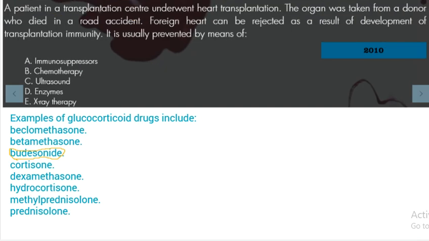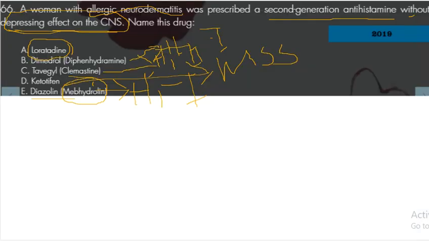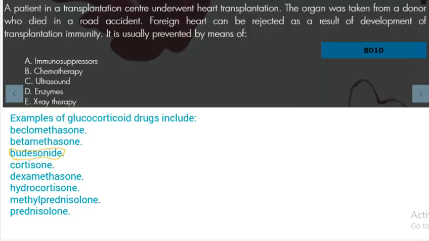Okay, we can see the questions. A patient in a transplantation center underwent a heart transplantation. The organ was taken from a donor who died in a road accident.